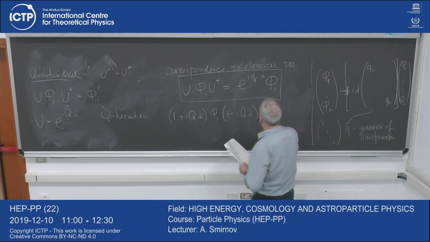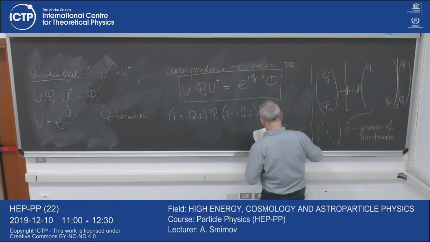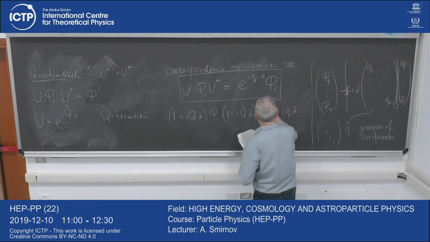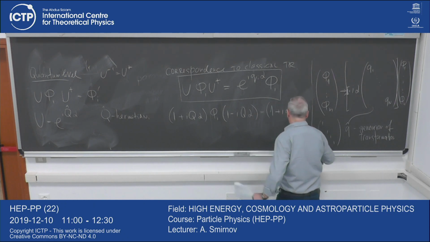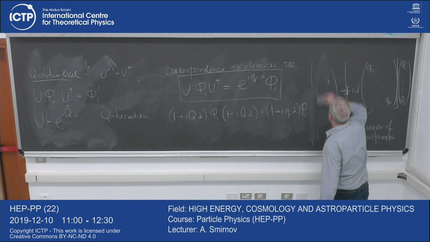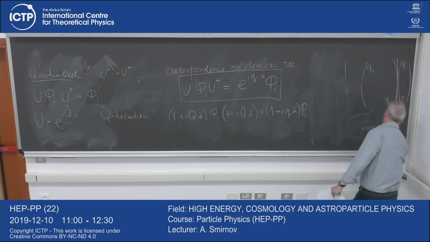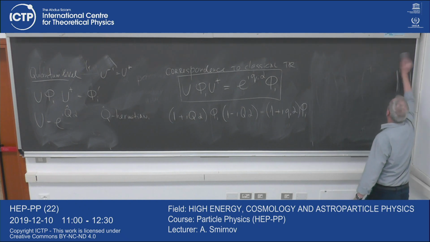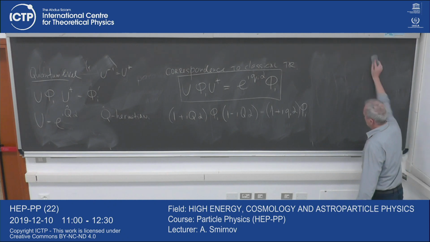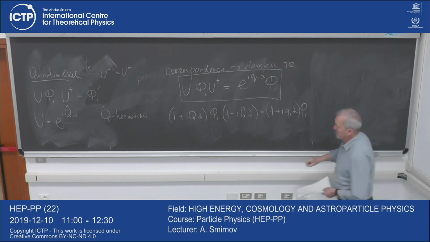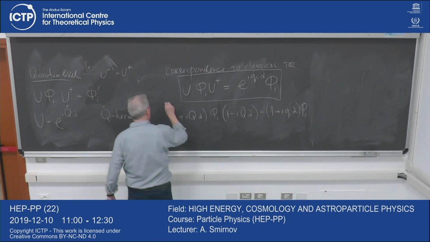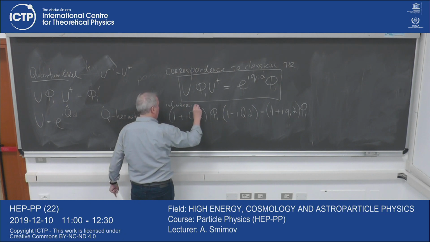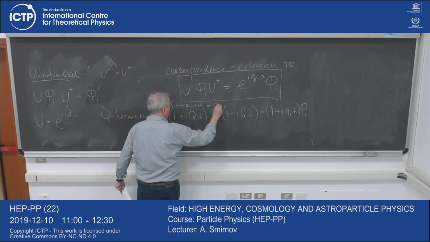On the right-hand side we have 1 minus or plus i q alpha and the field phi_i. Right, so this is called infinitesimal transformations, so alpha is much smaller than 1.